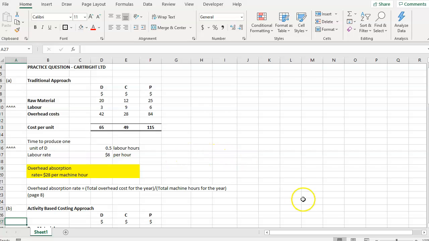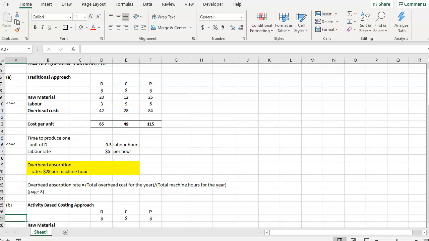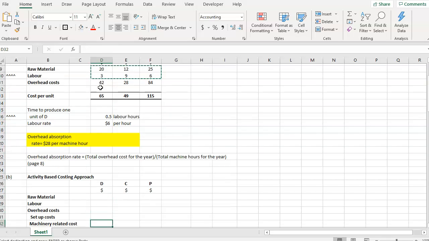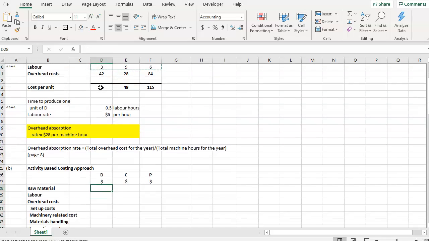Now I want you to notice something before we move any further in the question. Under the activity-based costing approach, the raw material and labor cost is the same regardless of the method that you use. So I am copying the information for the raw material and labor down to the activity-based worksheet.